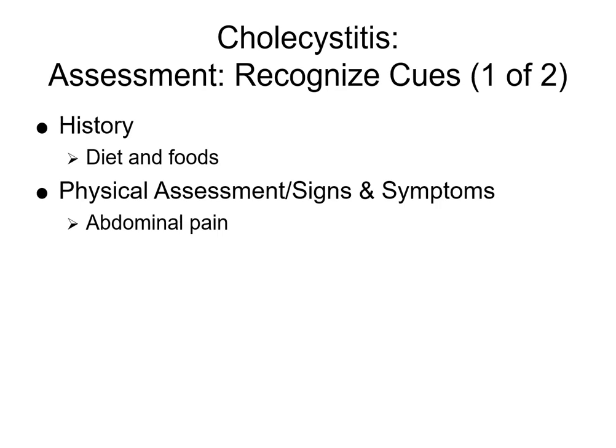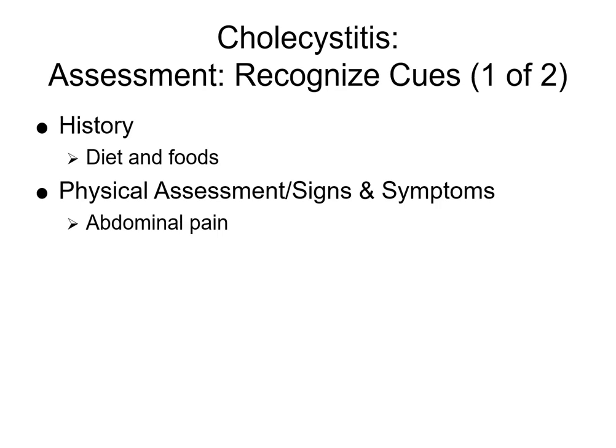If all else fails and they still suspect that it's gallbladder disease but nothing is showing up, the HIDA scan will be done. And this HIDA scan can visualize the gallbladder. It looks at the duct system and evaluates the function of the gallbladder. Okay? The only thing is doing this HIDA scan, the patient must lie still.